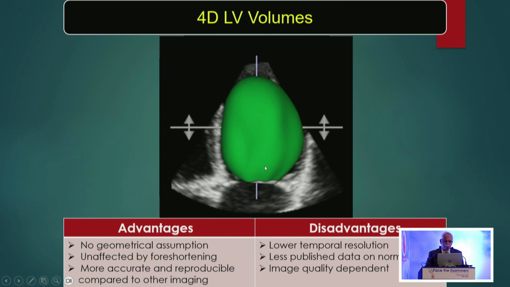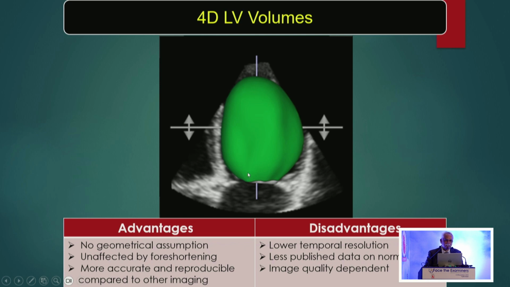Why? Because I see in most of the two-dimensional echocardiograms, the left ventricular apex is foreshortened and it is not included in the measurement. Whereas the left ventricular apex is always included in the left ventricular cast when we are using the three-dimensional echocardiogram.